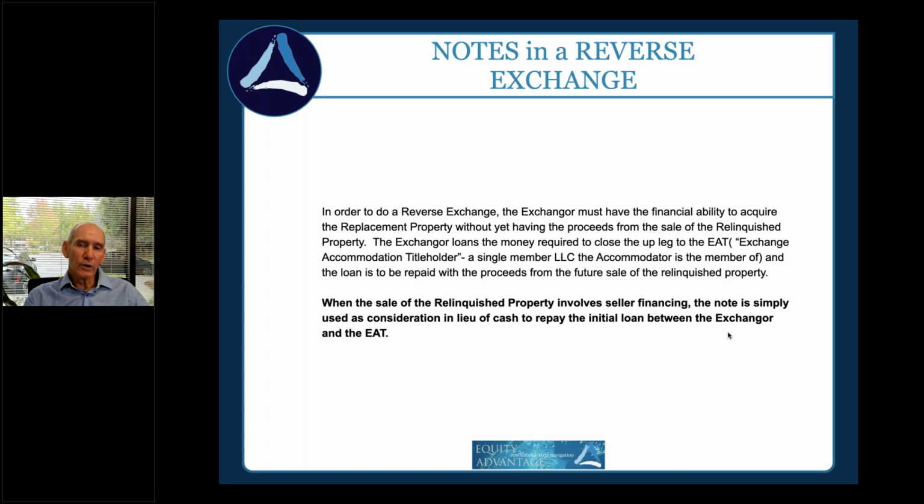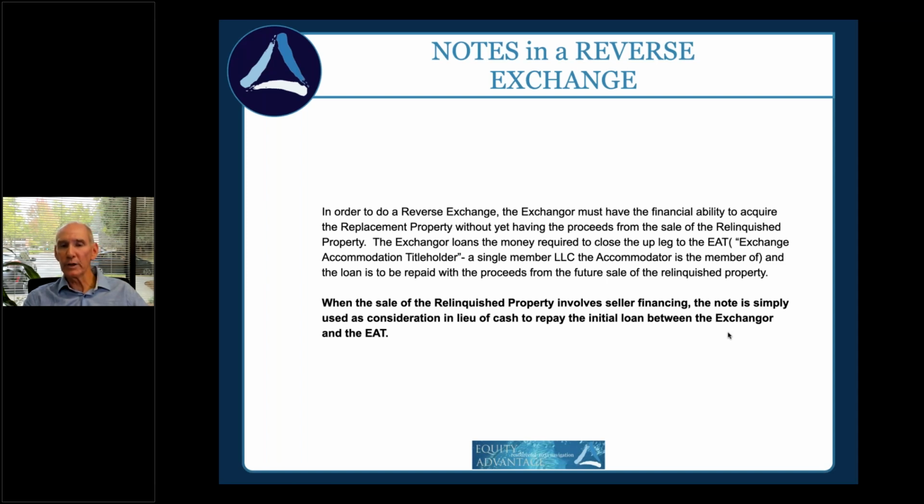So even though seller finance in a delayed exchange can be very problematic, a seller carried contract or note and trust deed in a reverse exchange can be very easily accommodated. So once again, what would happen is we're generating a note between the taxpayer and the exchange combination title holder, that entity.